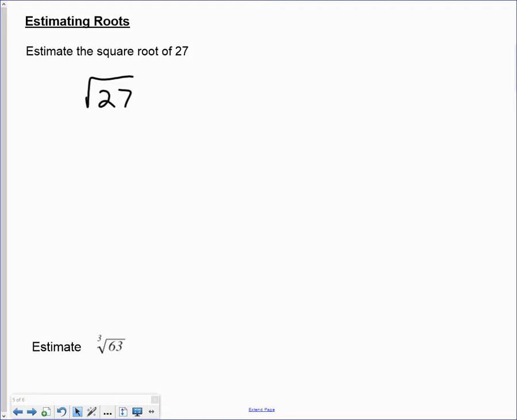We can think of the square root as being a function, f at x equals the square root of x, or x to the 1/2. Where do we want to evaluate this? We want to evaluate this at x equals 27, but we can think of this 27 as being made up of 25 plus 2.